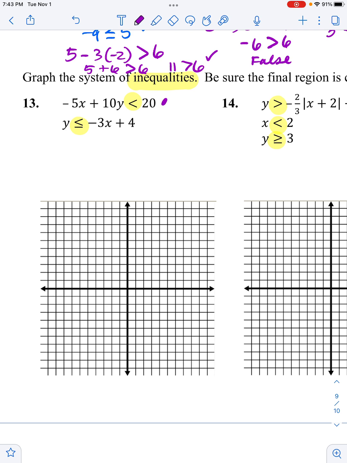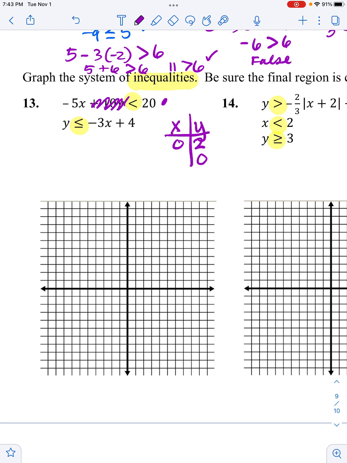I'm going to do this first one. I'm going to do it the way I always do because it's more efficient. Putting a 0 in for x leaves me with 10y equals 20. So 10 times 2 would equal 20. Then I'm going to put a 0 in for y, crossing off the y spot because that would turn it to nothing. That leaves me with negative 5x equaling 20.